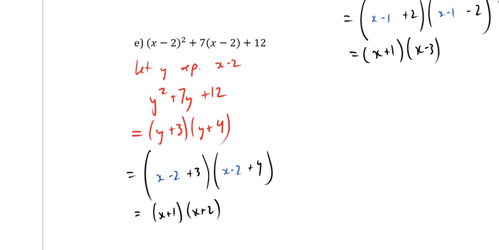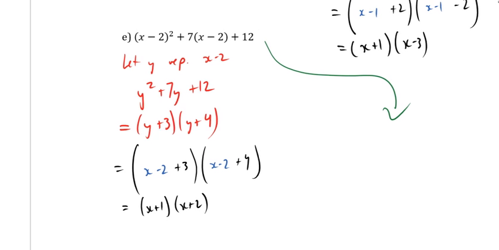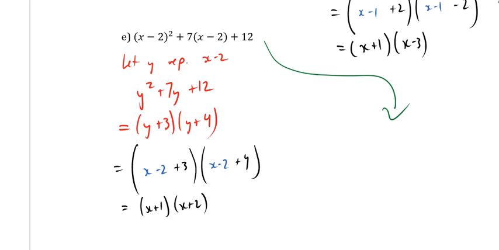You don't have to let y represent. Maybe do it that way at first, but eventually we get to the point where you can just go like this. So this is something squared plus 7 something plus 12. So I can see that it's a simple trinomial, two numbers that multiply to 12 and add to 7. So it would be plus 3 and plus 4.